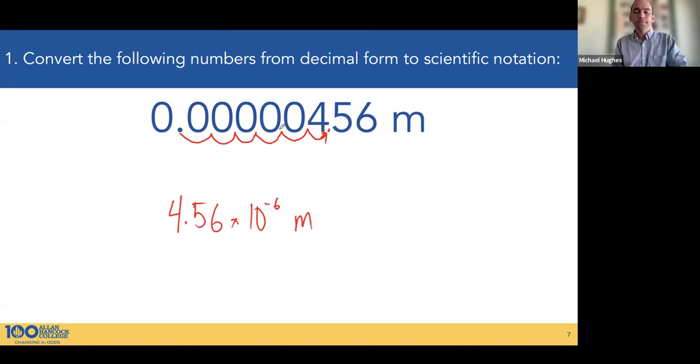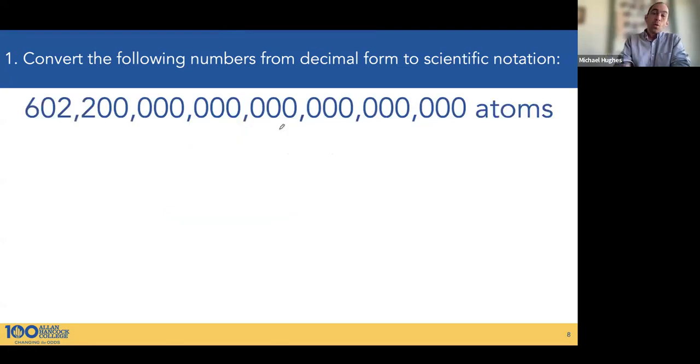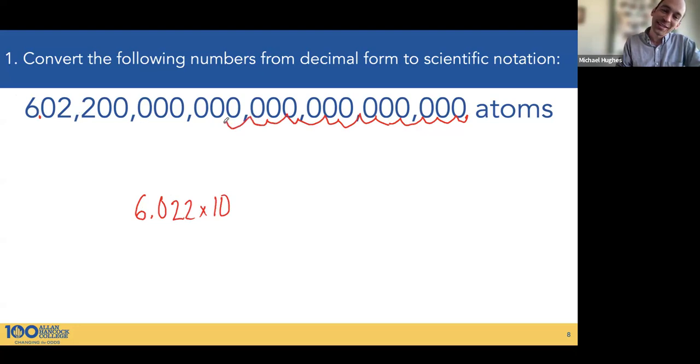Whoa, all right. So a very large number, put our decimal point in here. Let's go all the way and find a number between 1 and 10. It's going to be 6.022 times 10 to the 1, 2, 3, 4, 5, 6, 7, 8, 9, 10, 11, 12, 13, 14, 15, 16, 17, 18, 19, 20, 21, 22, 23.